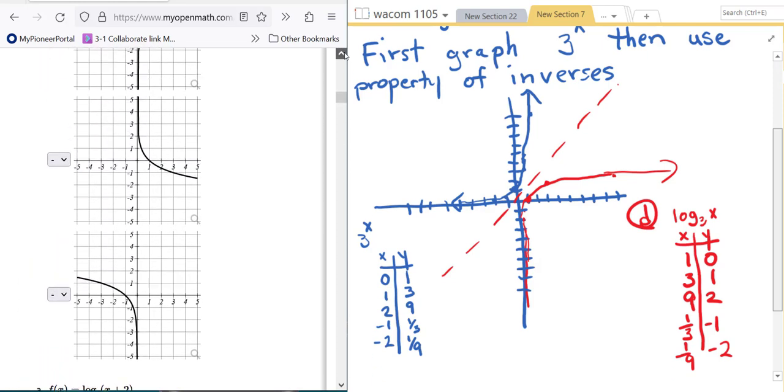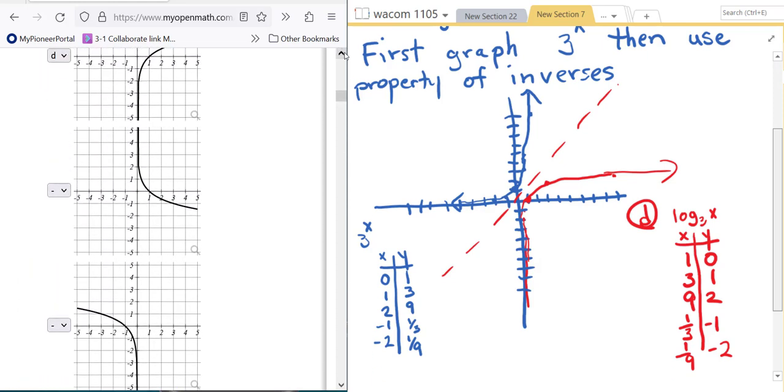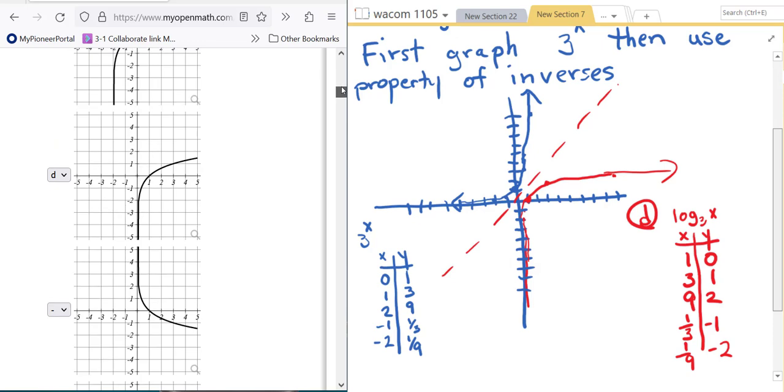Okay, not that one. That one, no. Maybe. It's flipped, and this piece of the graph right here is going to go down below. It's going to come down here, and this part's going to go up. I think this one may be it. We can keep scrolling. That is not it.